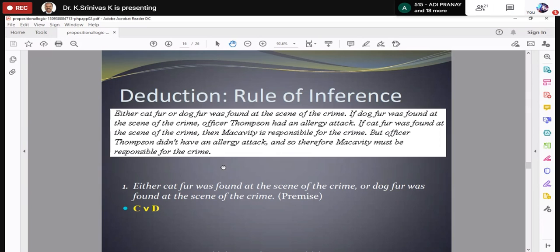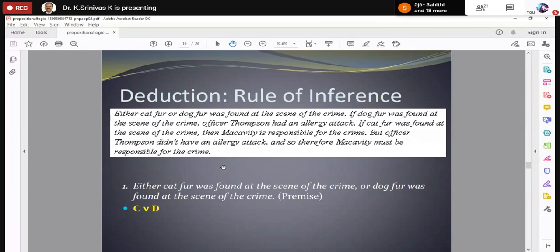Okay. So how is Officer Thompson having the allergy? If dog fur is found at the crime scene, if dog hair is found, then the officer will have an allergy. If the cat fur is there, normally there is a thief called McAvity.